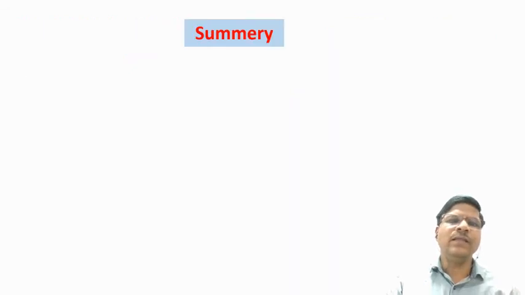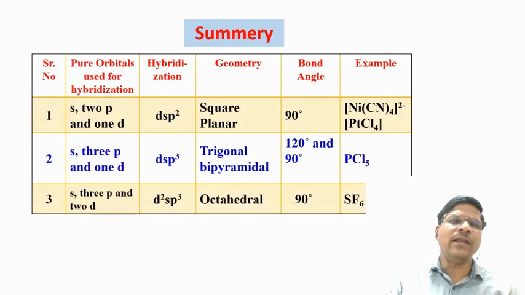So in this lecture we have seen the hybridization involving s, p and d orbitals, and particularly we have explained the 3 types of hybridization involving s, p and d orbitals. In summary, we have the s orbital, 2p orbitals and 1d orbital.